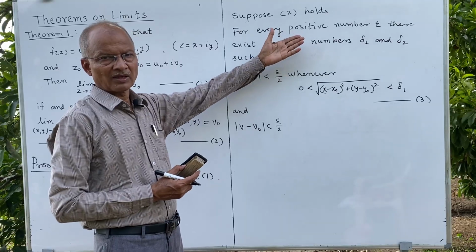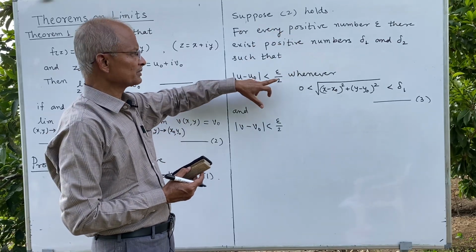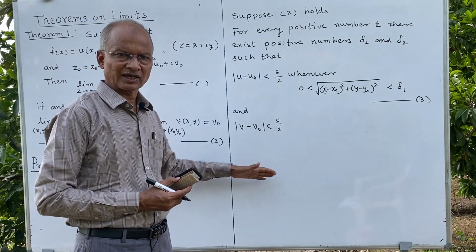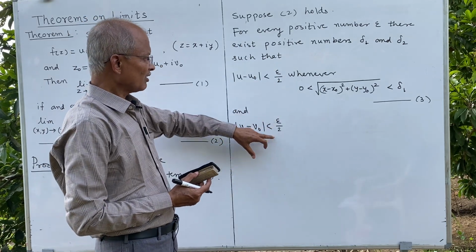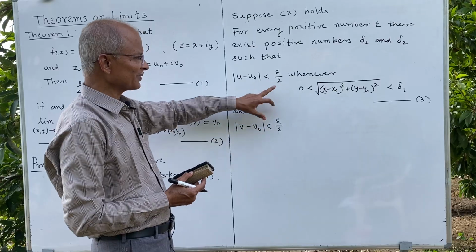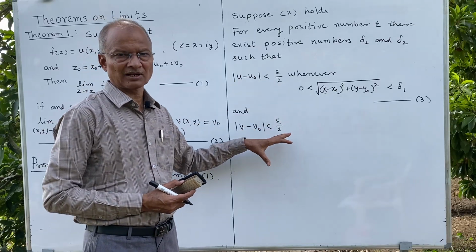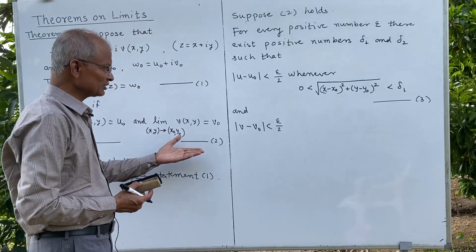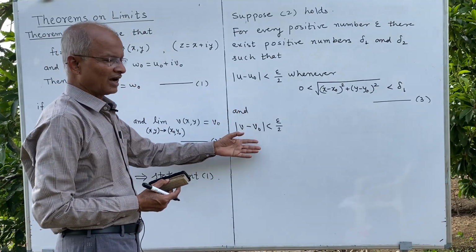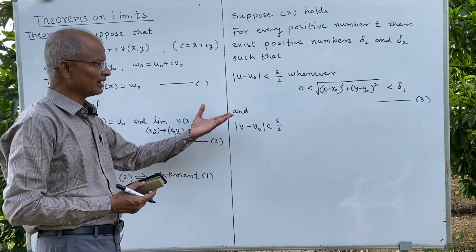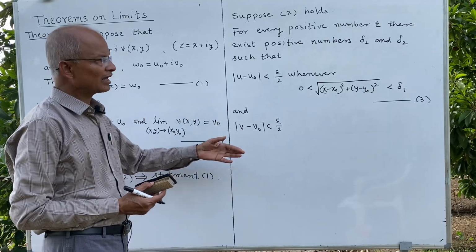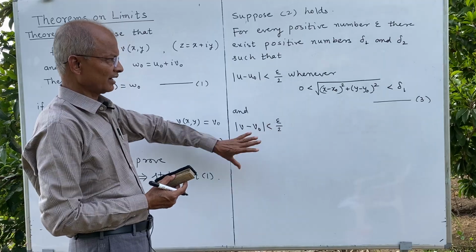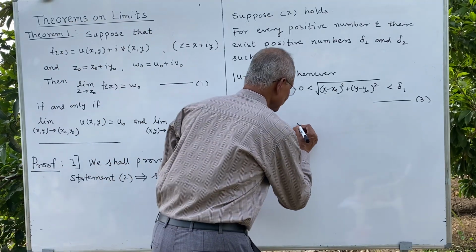So epsilon or epsilon by 2 or epsilon by 10 or epsilon by 4 we can select. Here we are taking epsilon by 2 because next we want to add these two, and in the final expression we will have epsilon.